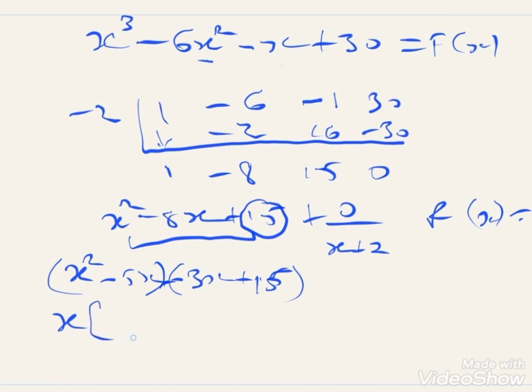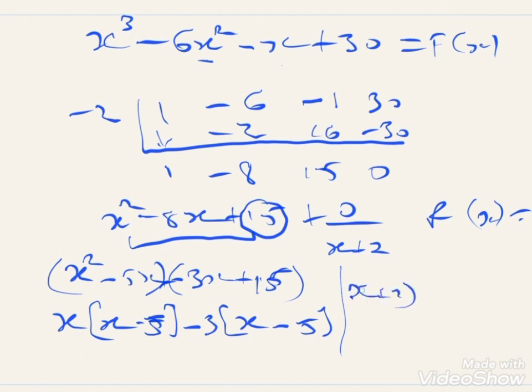We have the common factor x in the first bracket, x minus 5, and we take minus 3 out of the second, giving x minus 5 again, since minus 3 times minus 5 is 15. Then the whole factors now: x plus 2, then the factors of the quadratic give me x minus 3 and x minus 5.